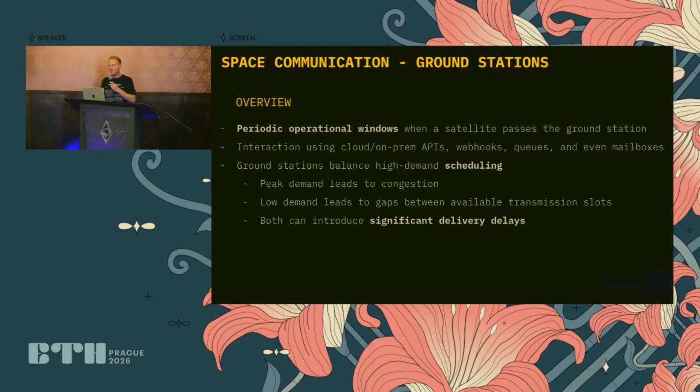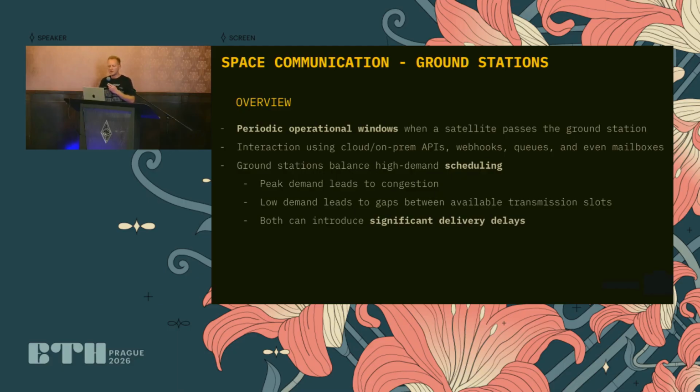But eventually, what the ground station itself does is balance the entire demand that it has. It has slots that you can be part of. You need to pre-allocate, but eventually you can be part of some slot, and at some specific point in time your message will be sent.